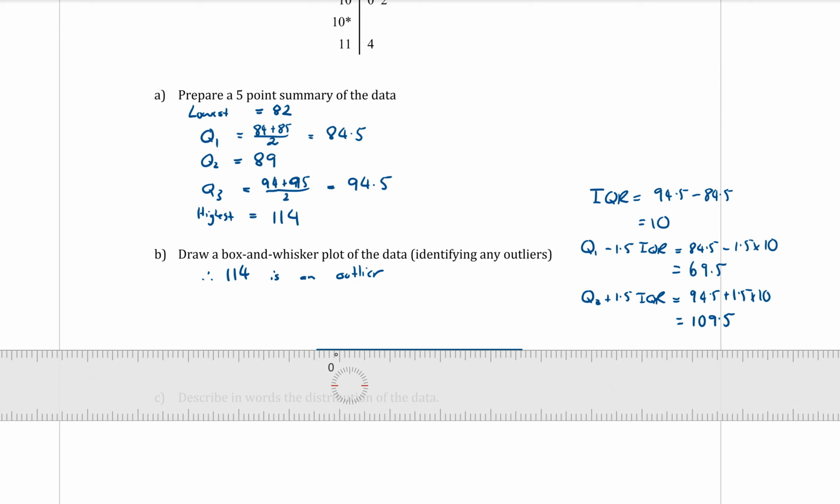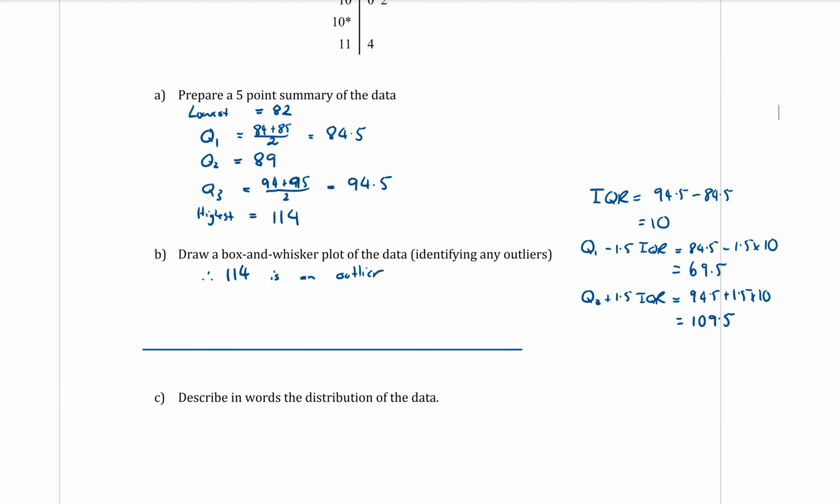So if you go up every half a centimetre, it's going to start with 82 there.